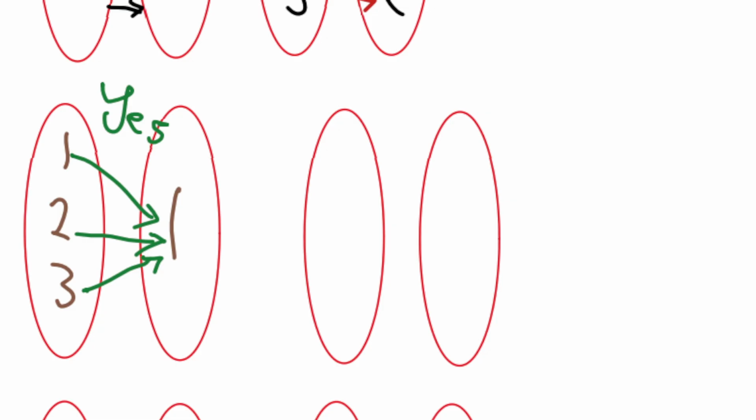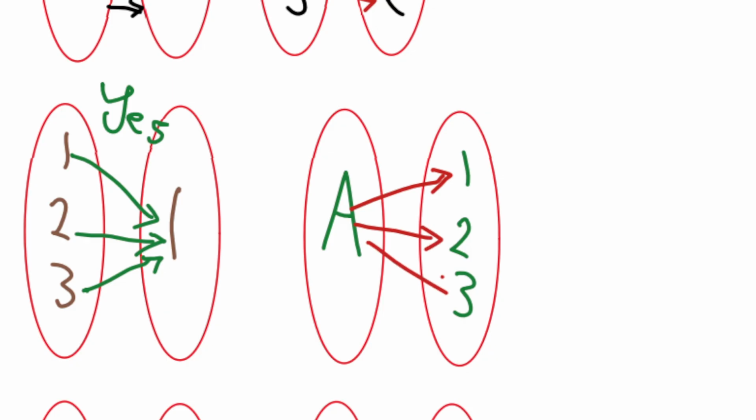Now let's look at another example similar to this. If I have A here, or whatever, and here I have 1, 2, 3. Now this A is connected here, there, and there. Is this a function? No. Why? Because this is connected to more than one, so it's not a function.